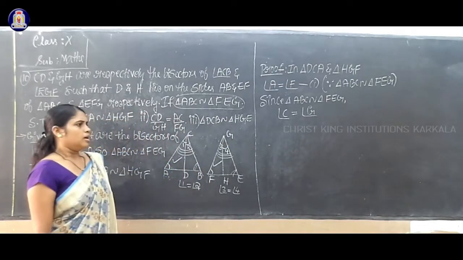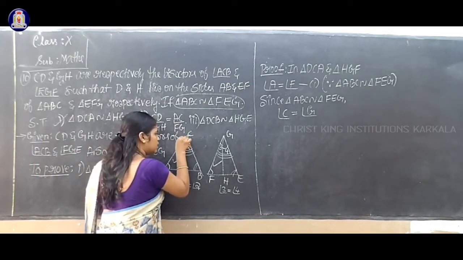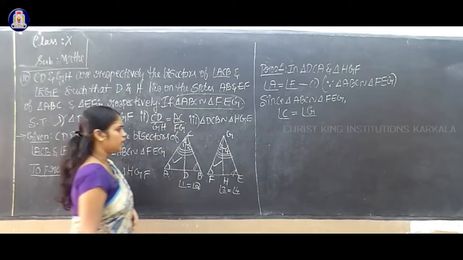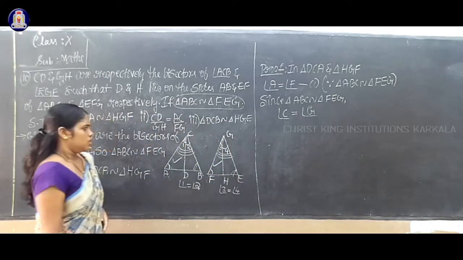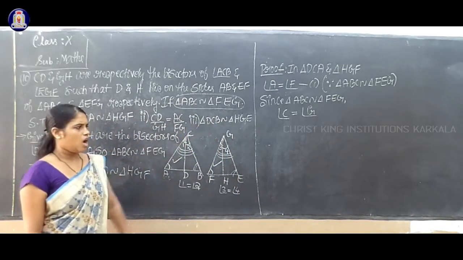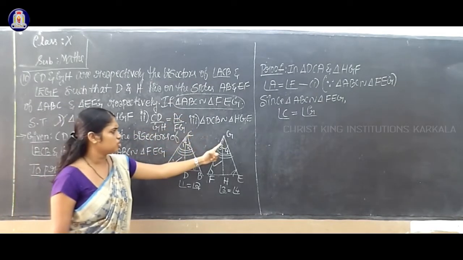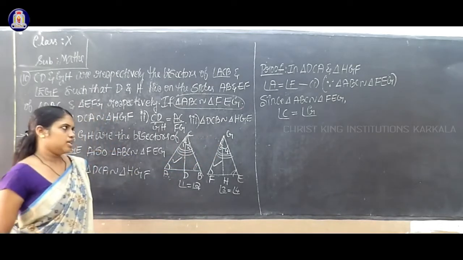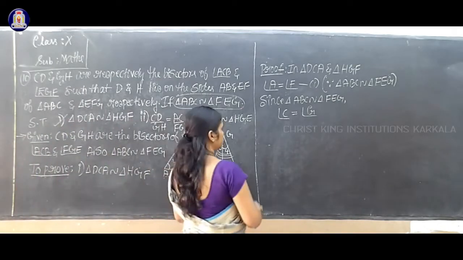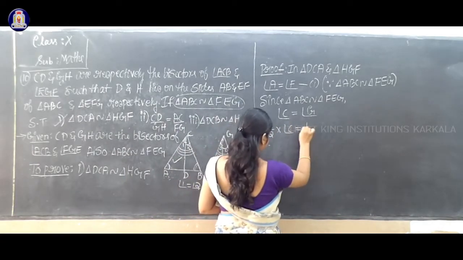But here I want only the half part. I want only angle 1 and angle 3. So how to take this half part? Out of this full angle C, I want only this shaded region of angle C and shaded region of angle G. So I will multiply half on both sides.